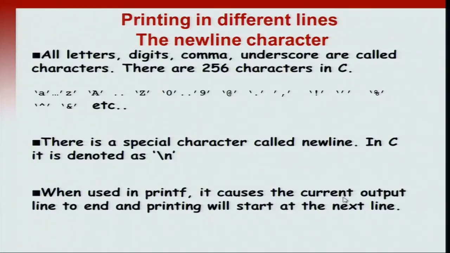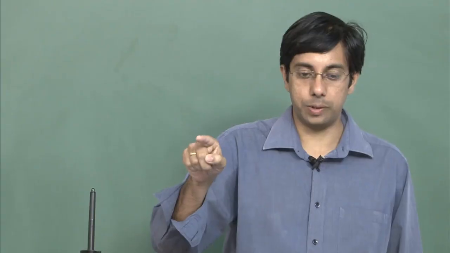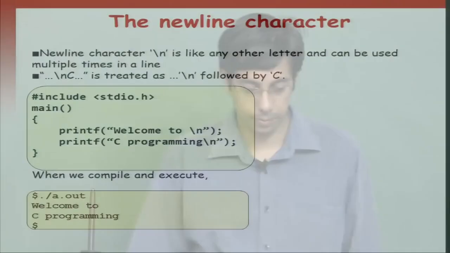So, even though it is a single character, it is denoted by two letters. When used in printf, it causes the current output line to end, and then printing will start from the new line. So, it says the current line has ended; whatever you have to print goes on the next line.